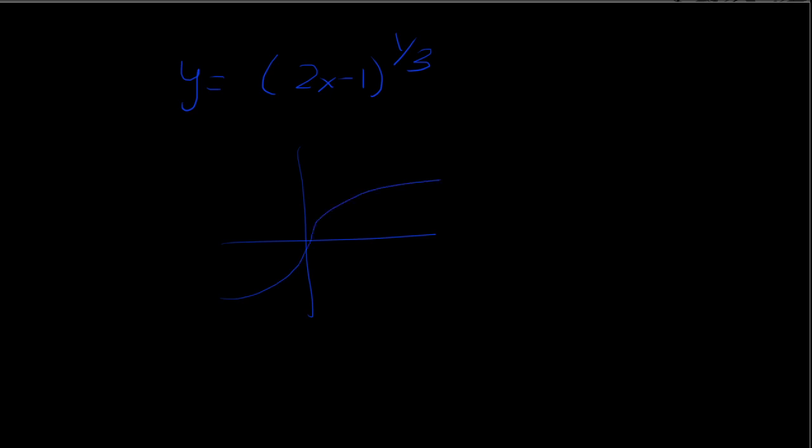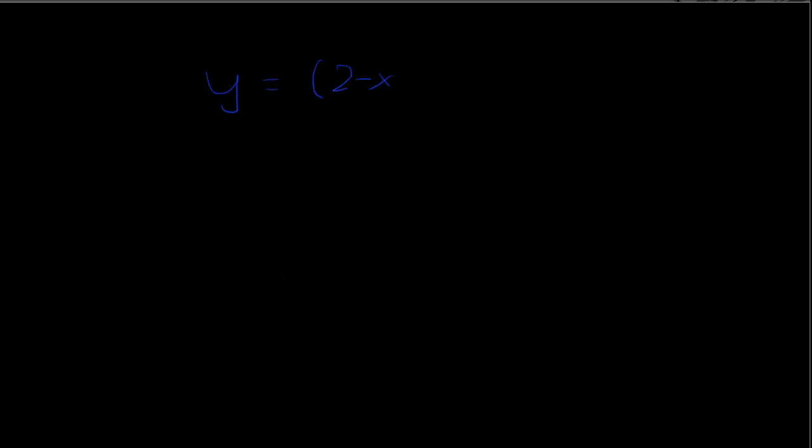So the domain is all real numbers, so that means it's continuous everywhere. And same thing if we were looking at a fifth root. So if we had y equals (2 minus x) to the 1/5 power, because this is an odd root, this is continuous everywhere.